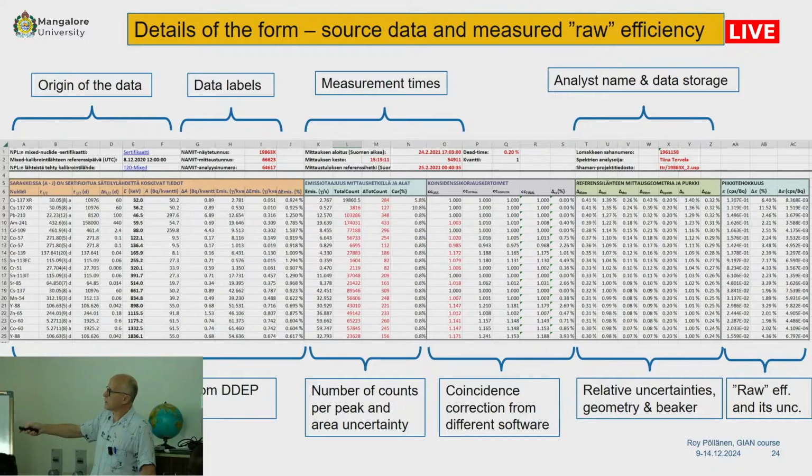And this part is quite interesting because one of my students, in fact, made this part in his Master of Science thesis. These are the uncertainties on the basis of measurement geometry and beaker.